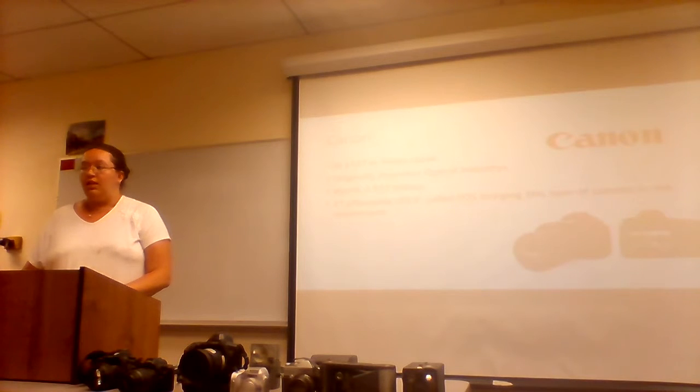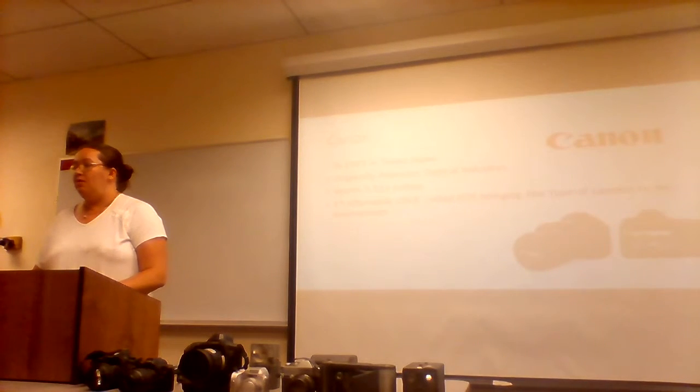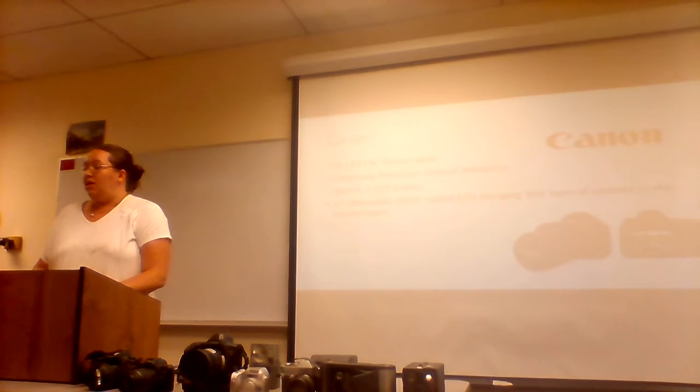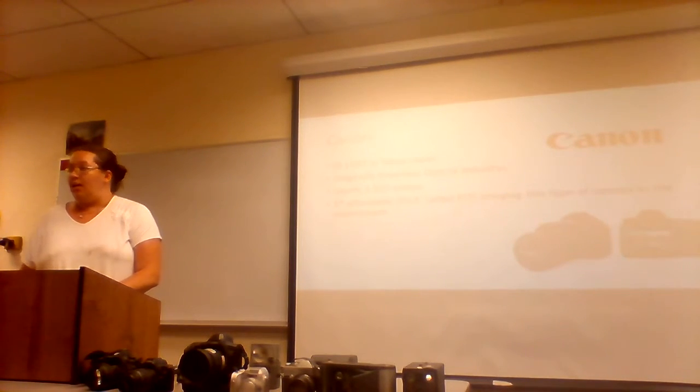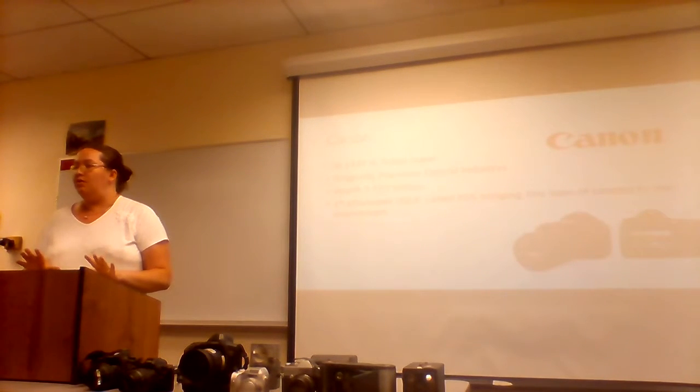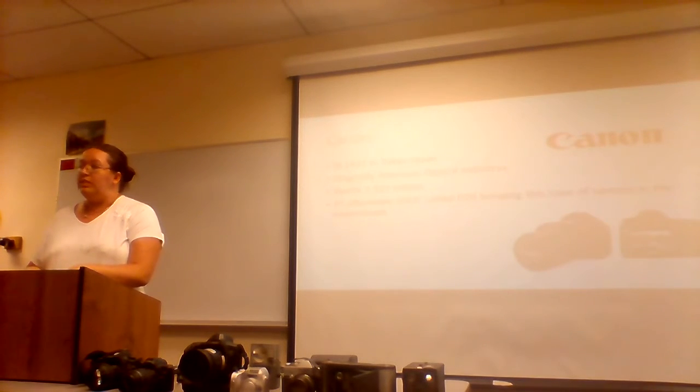An original DSLR was about $6,000. So if you can imagine in the 70s what $6,000, I mean, people's houses didn't cost that much. Now a top of the line Canon DSLR costs, I'd say, upper $2,000 to $3,000. And if you put that in terms of our money now, it isn't nearly as expensive as it was back then.